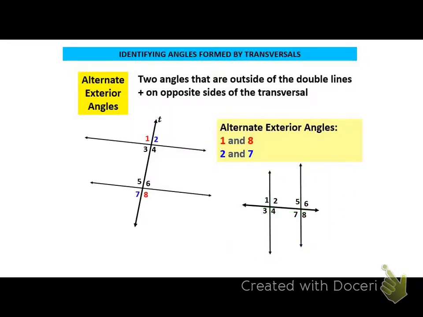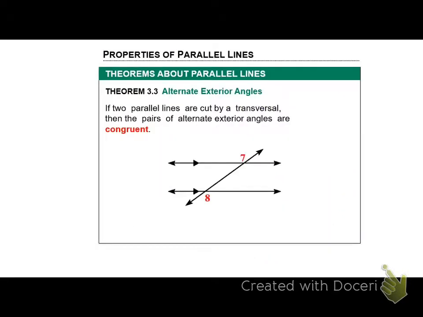Good. If 2 parallel lines are cut by a transversal, then the pair of alternate exterior angles are congruent. They are congruent.